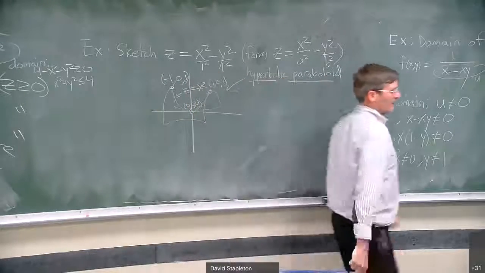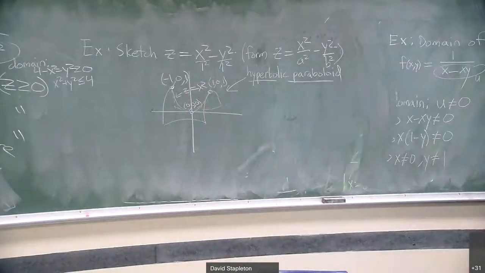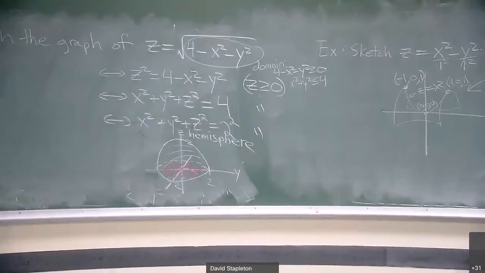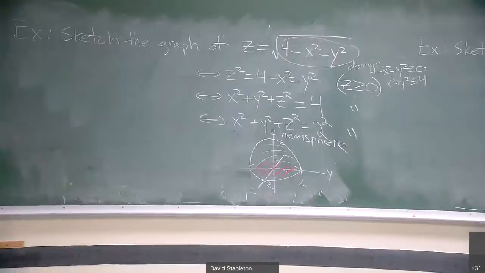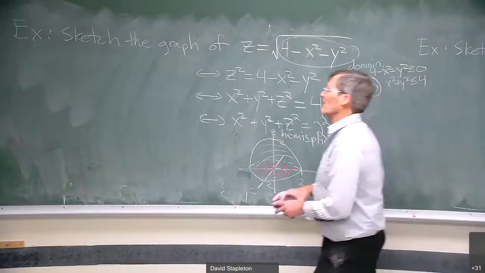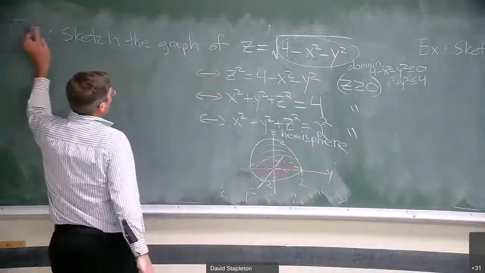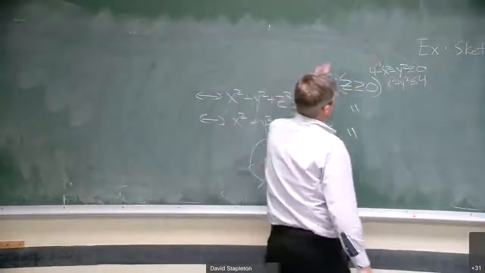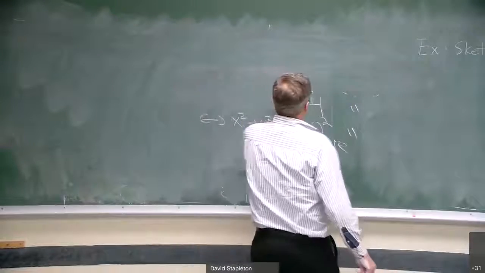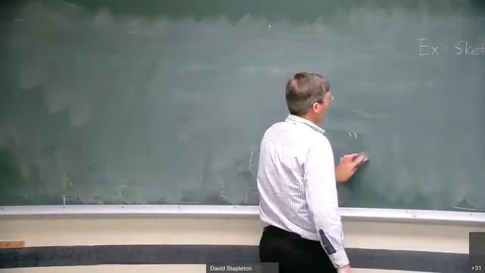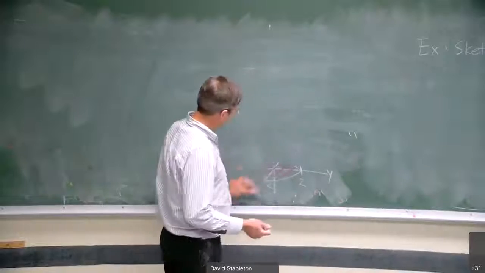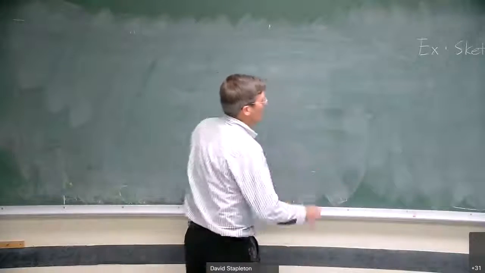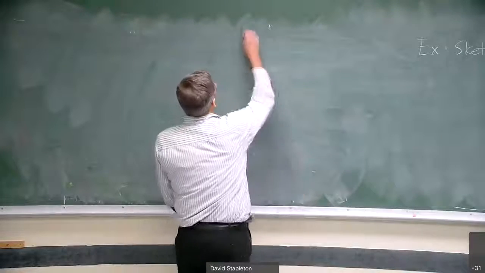Put it far to the left, I guess. Sometimes it's not one of those graphs. Here's what you have to look for when you do these sketches of functions of more than one variable. Look for spheres. Look for quadratic surfaces.